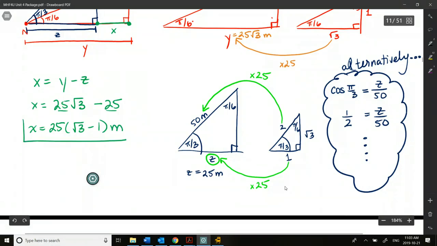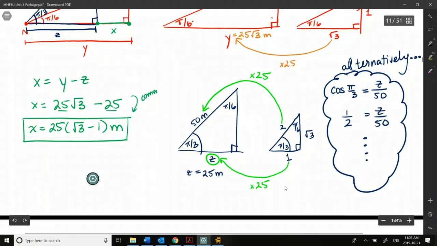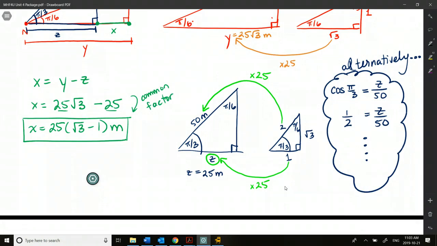So this is the exact expression for the length of x. Okay, so I'm just common factoring. Factored form is technically simplest form.